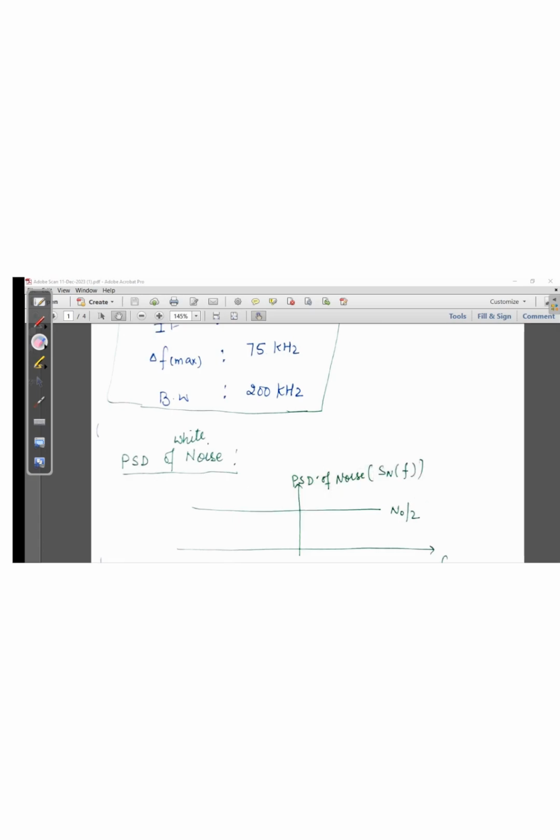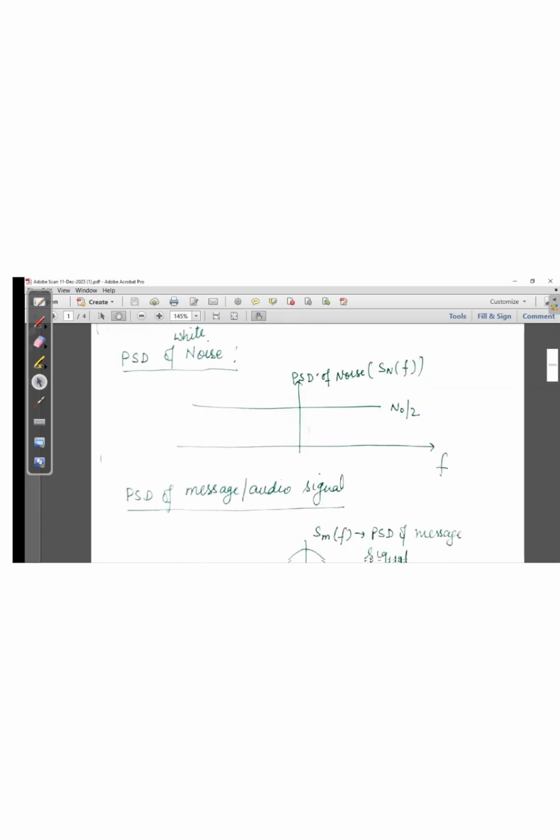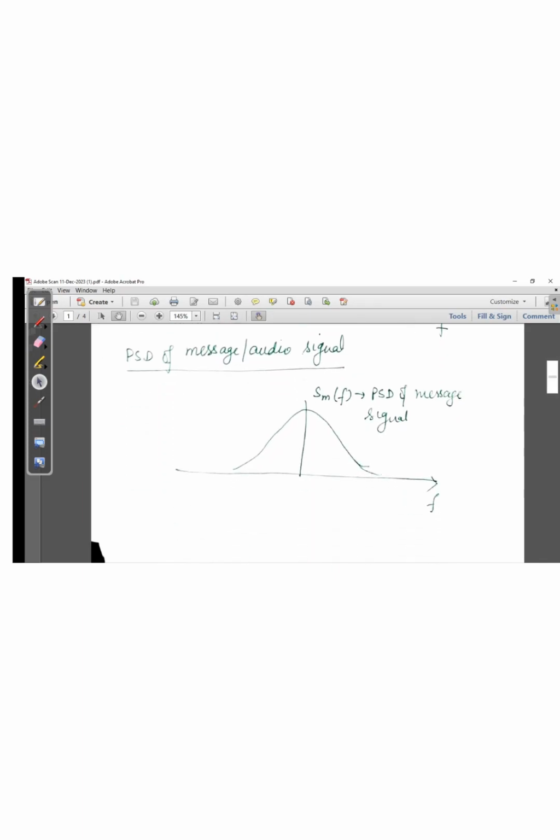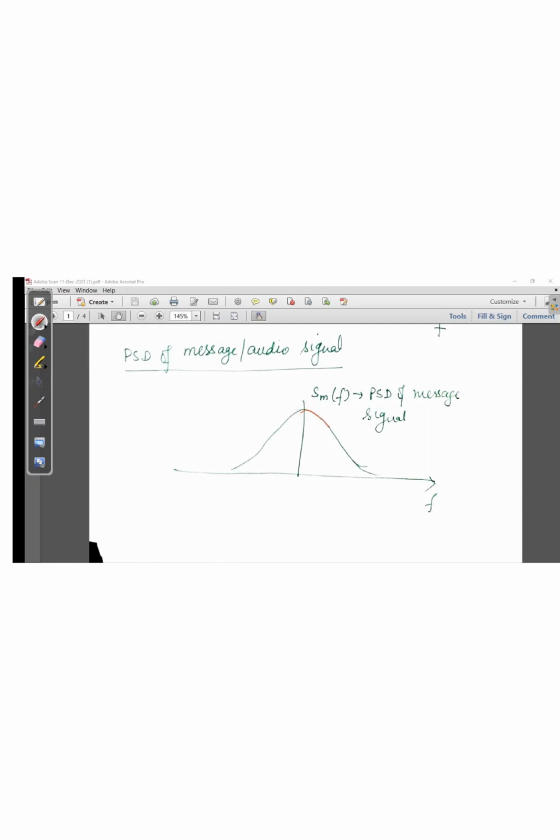Moving further, we know that the power spectral density of a message or audio signal varies with frequency. It is maximum at zero frequency and decreases toward higher frequencies, like I am showing here. This is the power spectral density of the audio or message signal.